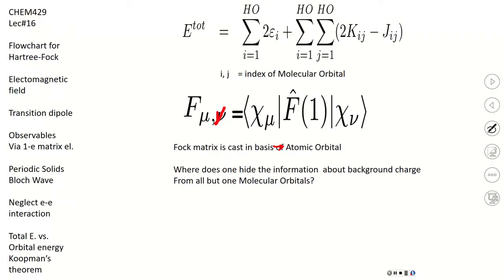So, a little bit on Hartree-Fock. The total energy is the energy of all occupied orbitals plus the energy of Coulomb repulsion and exchange stabilization.